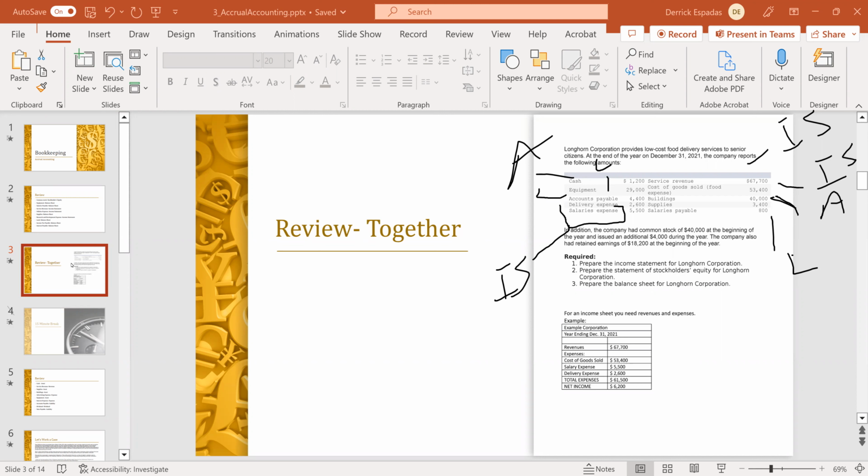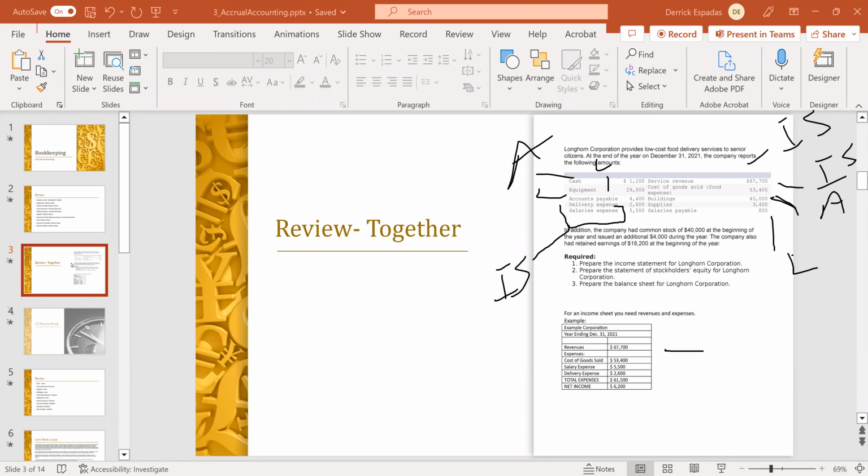So let's look at the items of our income statement. Remember, their service revenue is 67.7. So that takes care of that, right? And that's where we start on our income statement: we put revenues first, then we put cost of goods sold. So that was 53,400. Again, that's on our income statement. Then we're going to list out our expenses.